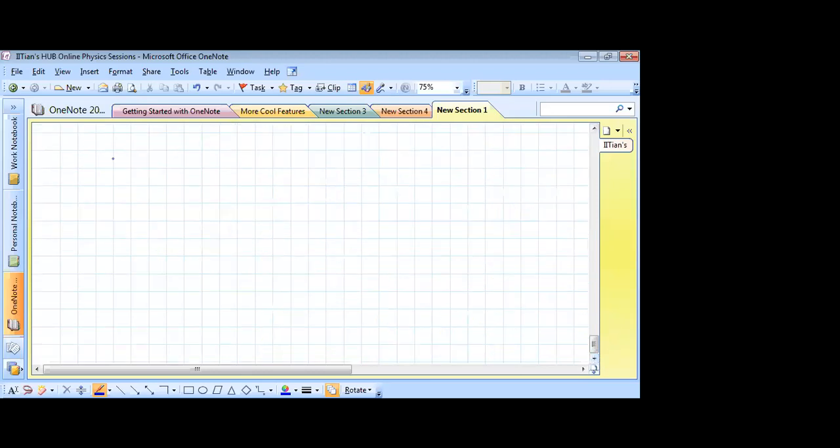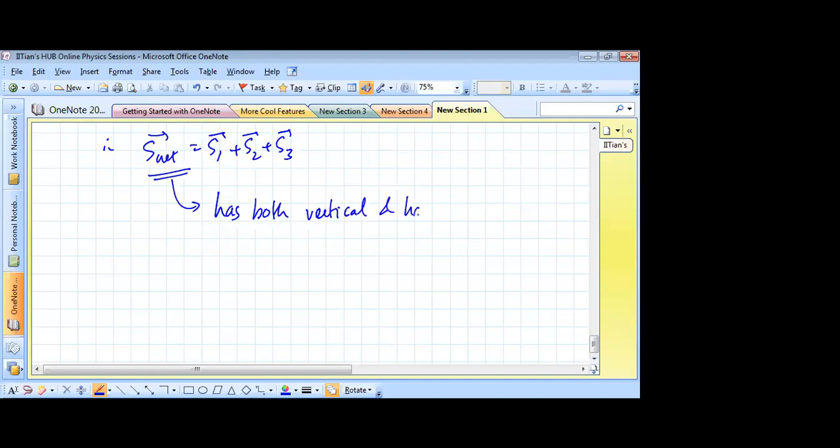But when you sum up all of them, that is the whole point, no? That S net, which is the sum of S1, S2 and S3, now has both vertical and horizontal components. So it has an X component of 30, a Y component of 30, and a Z component of 20.